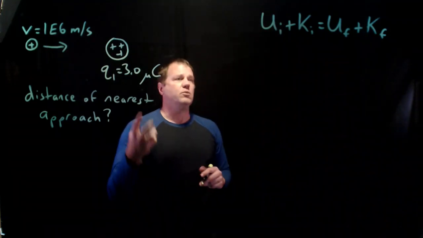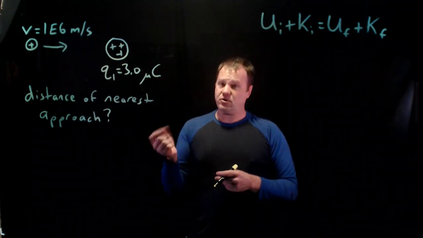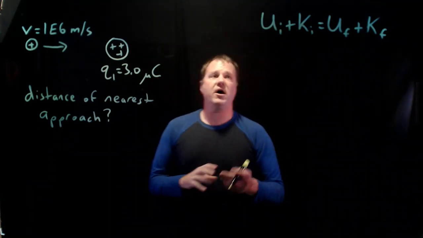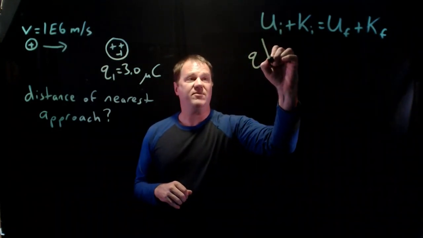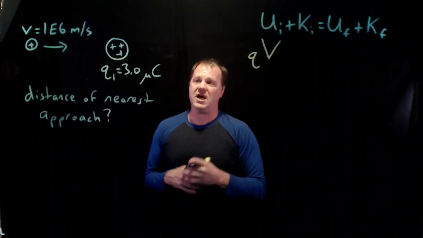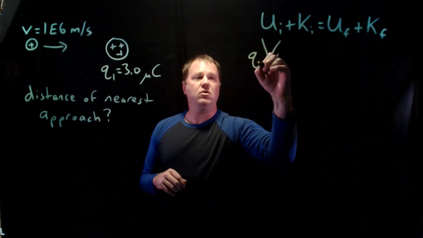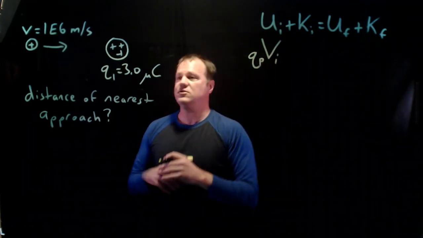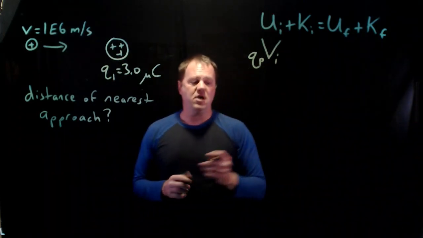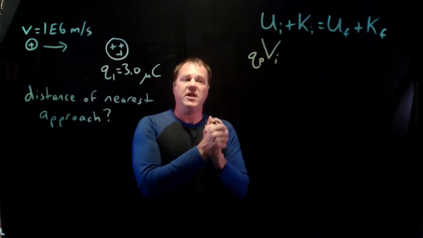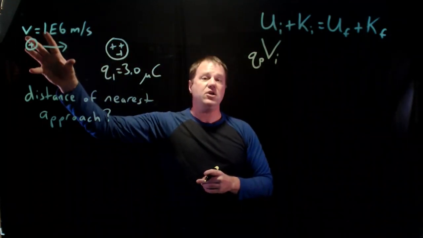The potential energy associated with the electric force, which is the only force we're worried about here, is Q times big V. I have to be careful of capital and lowercase, because capital V is electric potential. I'll use a subscript for Q because there are two charges here, the charge of the proton and the charge of the macroscopic object. So it's charge times the electric potential created by this object at the location of the proton.